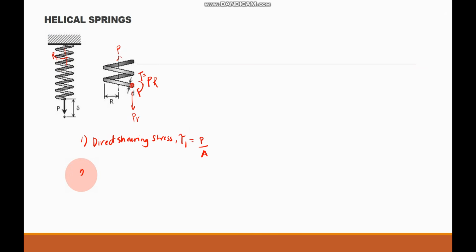And the other type of shearing stress acting on our helical spring is the torsional stress.